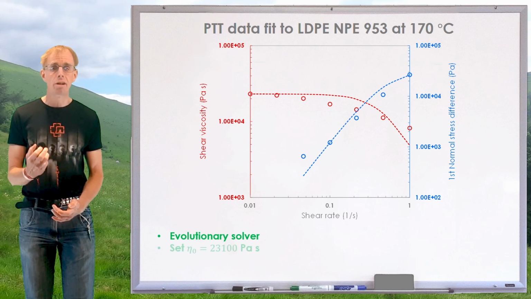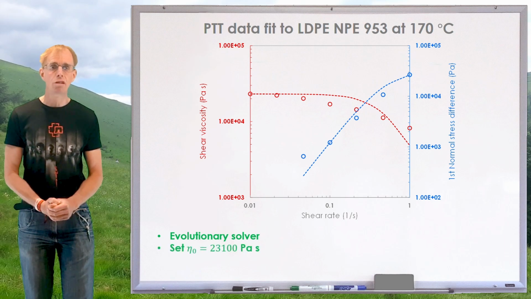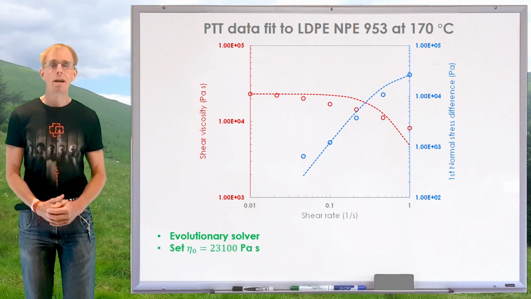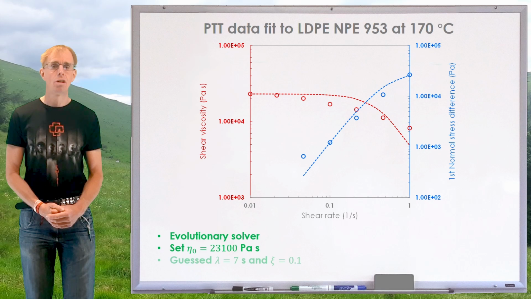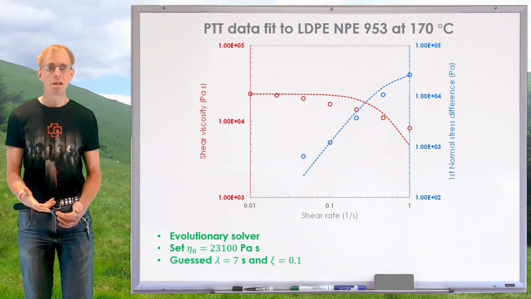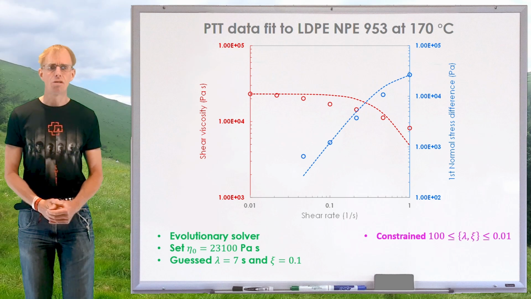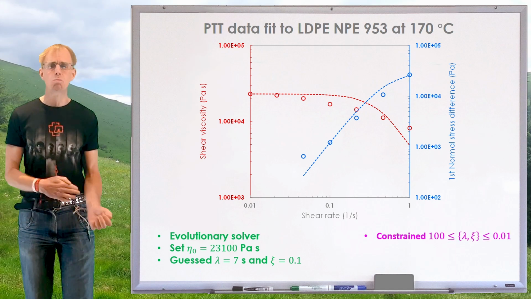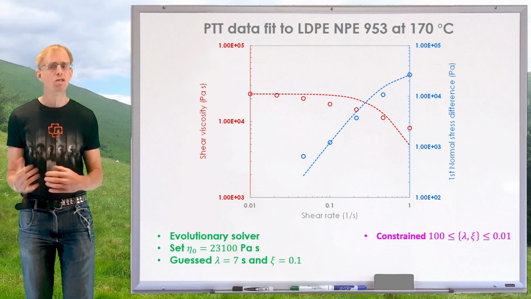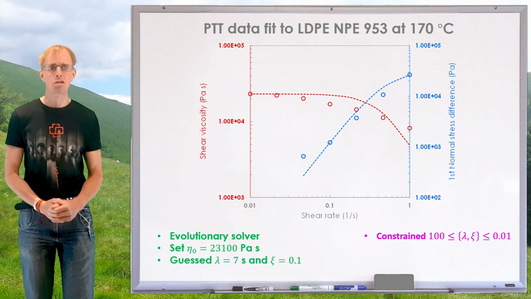I specified my initial value of eta 0 because I can read it off the graph. I then made some estimates of the other parameters, lambda and xi, and then set the constraints such that lambda was going to be within 4 orders of magnitude and xi within about 4 orders of magnitude.